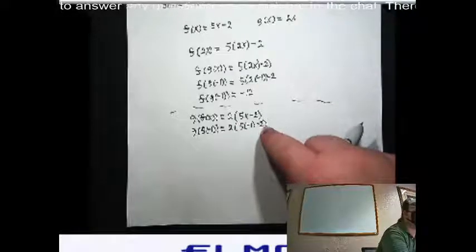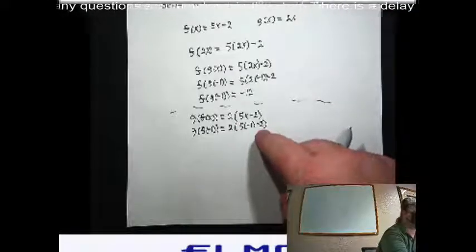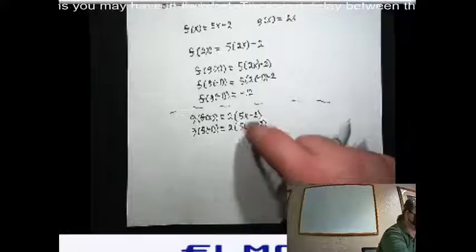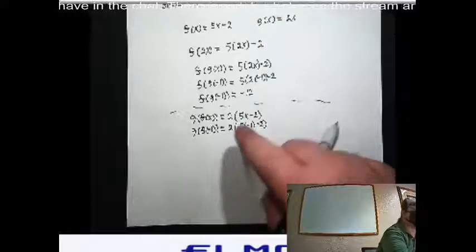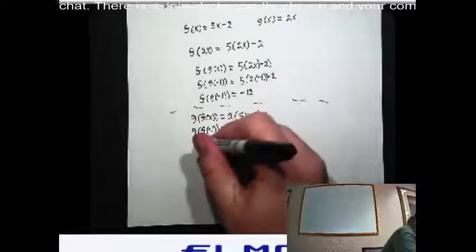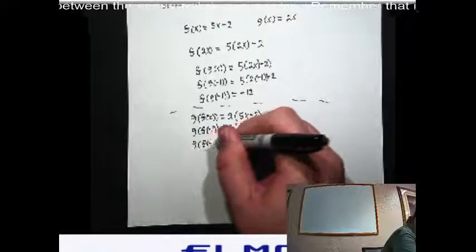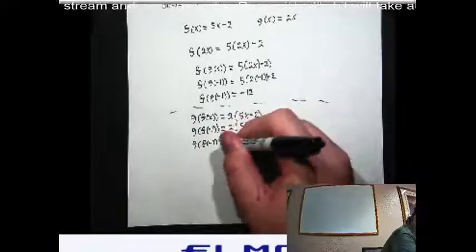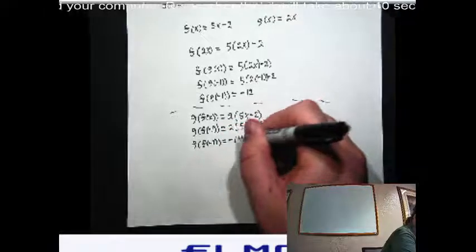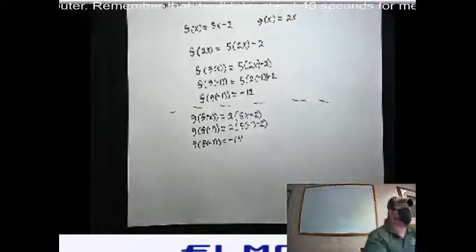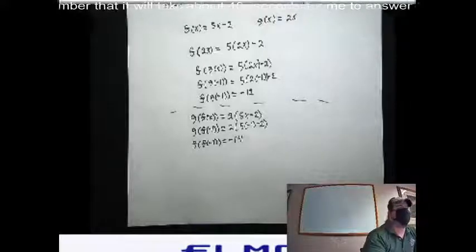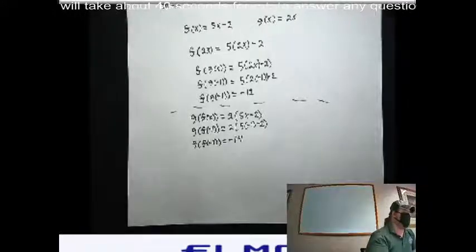Negative 5 minus another 2, that's negative 7. And then negative 7 times 2 is negative 14. So no, we do not get the same thing. And that's important to keep in mind.